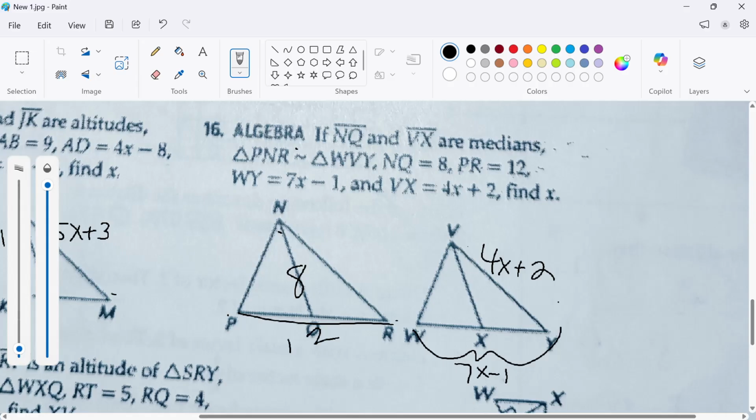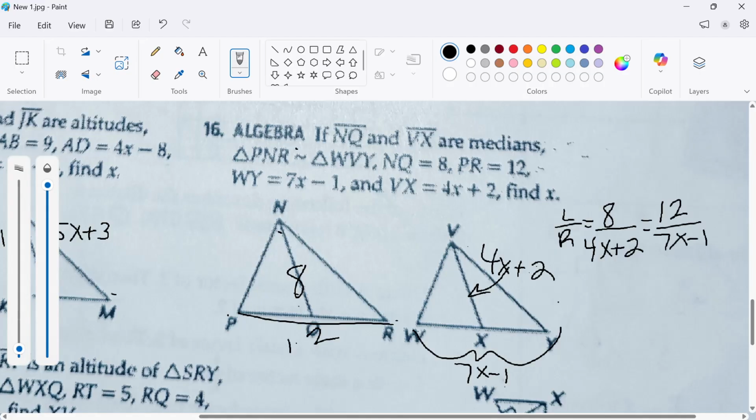Well, I can go 8 is to 4x plus 2 as 12 is to 7x minus 1, or 8 is to 12 as 4x plus 2 is to 7x minus 1. I'm going to do triangle to triangle, left to right. 8 is to 4x plus 2 as 12 is to 7x minus 1.